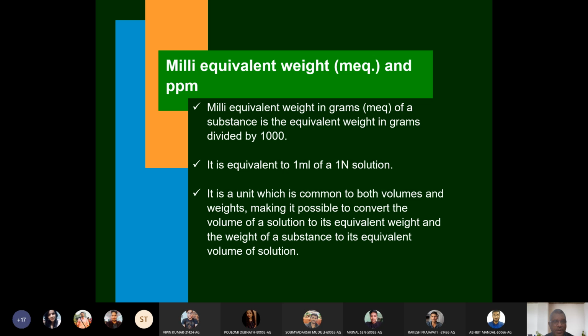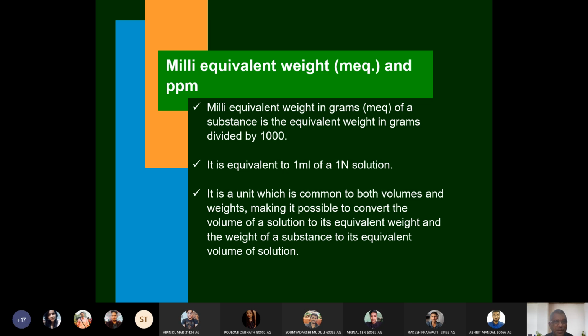It is a unit which is common to both volumes and weights, making it possible to convert the volume of a solution to its equivalent weight and the weight of a substance to its equivalent volume of solution.